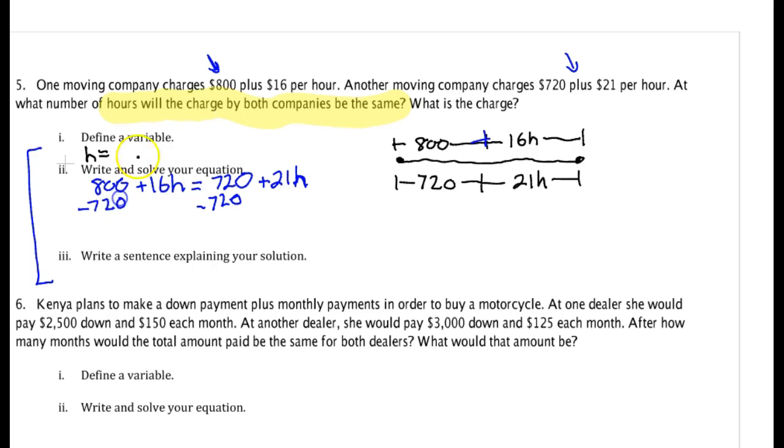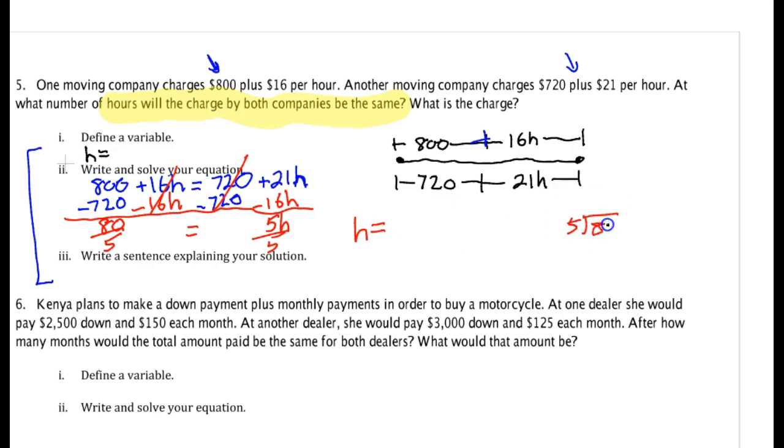So same thing, subtract 720 on both sides, subtract 16h on both sides. And you can go through and finish that. So we have 80 equals 5h, divide both sides by 5, and the number of hours will be, let's see here, 80 divided by 5.